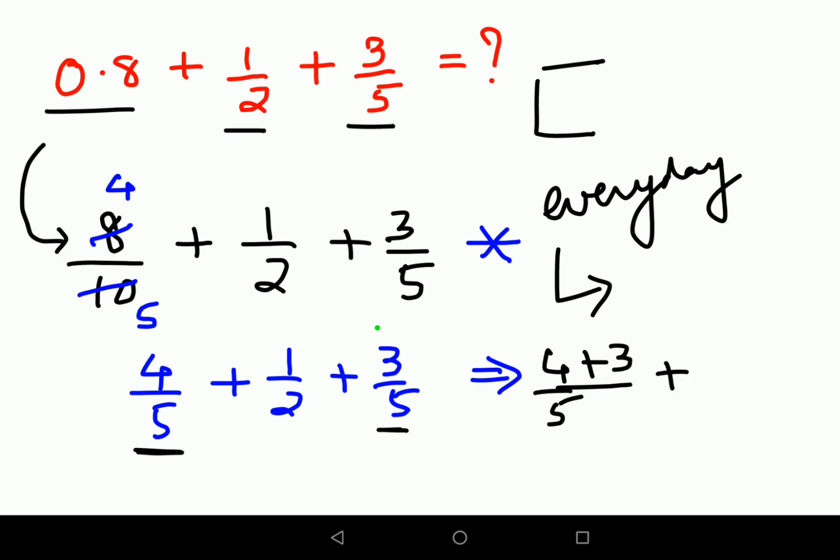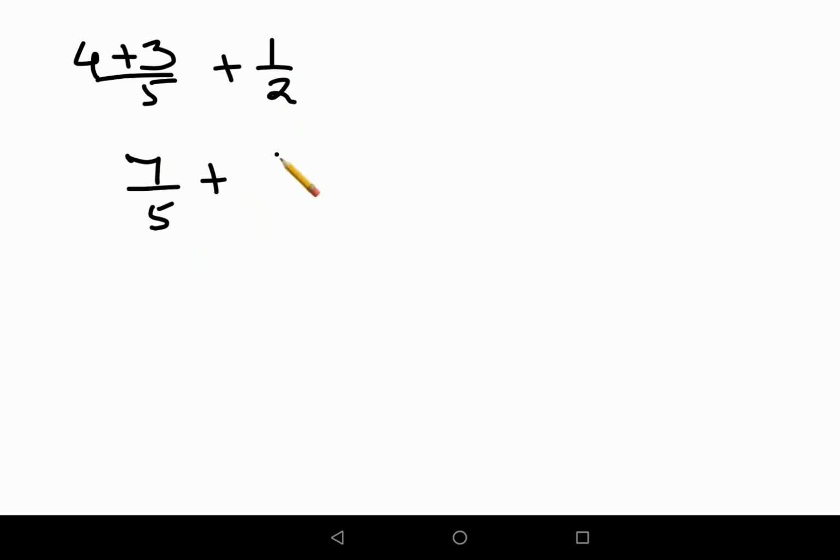Okay, because since the denominator is same, we'll just keep the 5 as it is, and then add the numerator, and we'll keep half as it is. So here what you will get, 4 plus 3 upon 5 you had plus half, right? So that will get you 7 upon 5 plus half. So again, now what happens in this case is that you cannot add them because the denominators are not same.